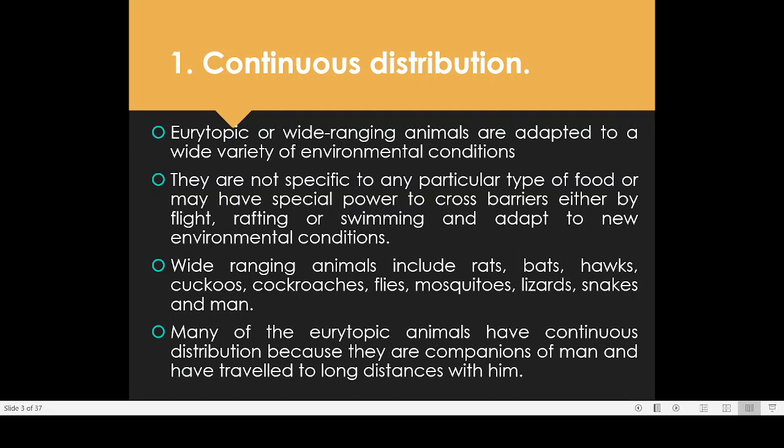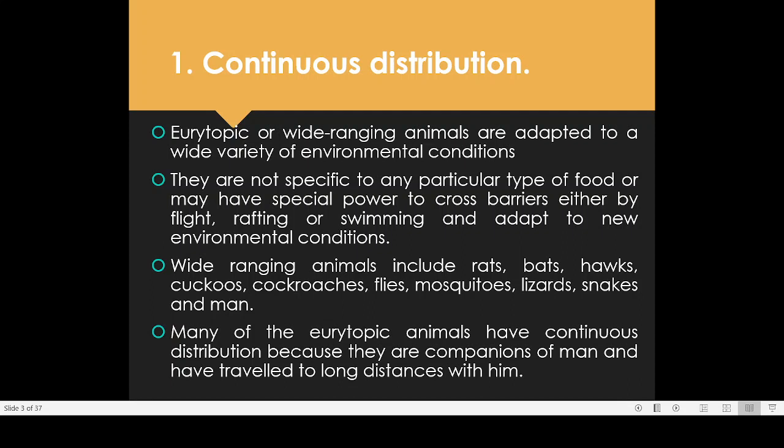Now, one important feature of these cosmopolitan animals or eurytopic animals is that they are highly adapted in crossing the land. Maybe some animals who are very good swimmers can easily cross into an island. But some animals can easily fly, so they will be able to fly for a longer distance.